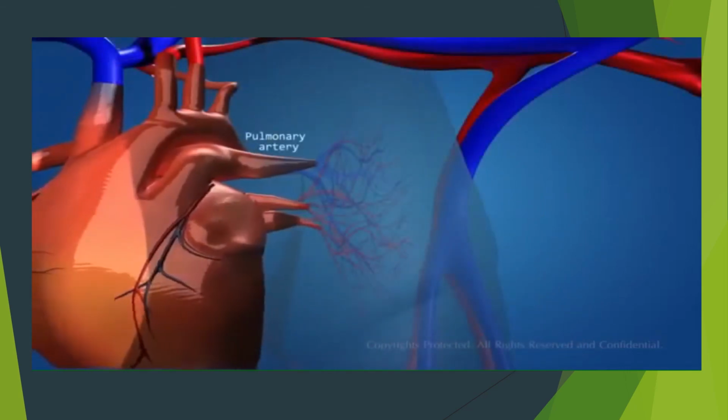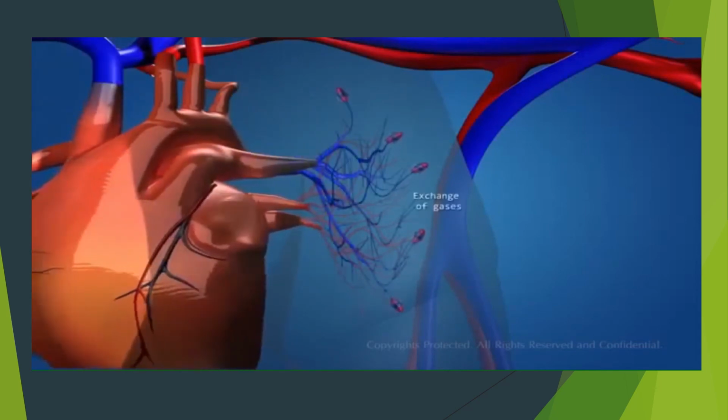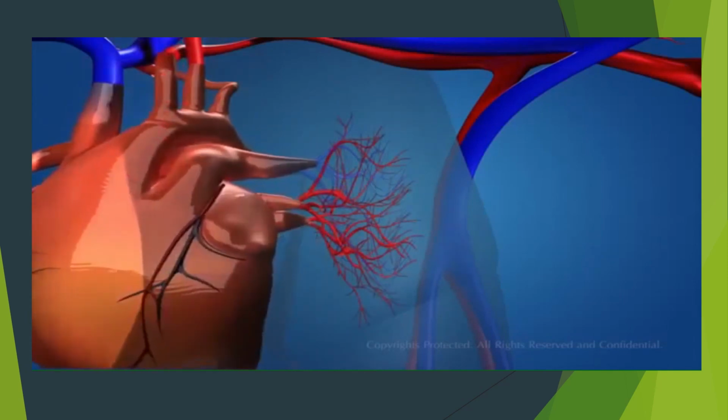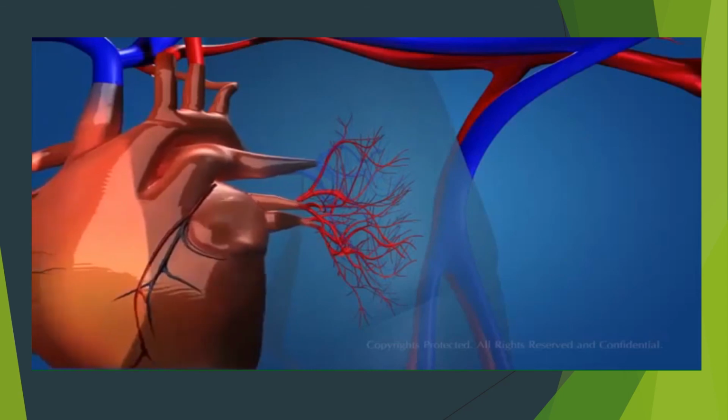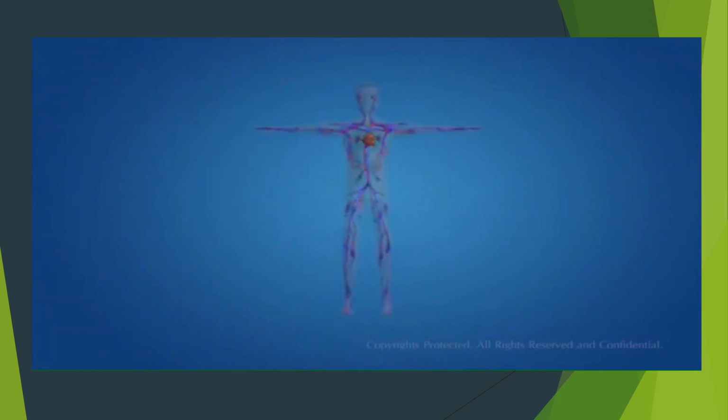The pulmonary artery carries the deoxygenated blood to the lungs for oxygenation. The lungs oxygenate the blood by exchanging gases, and the blood flows back into the heart through the pulmonary vein, and starts the circulatory cycle all over again.